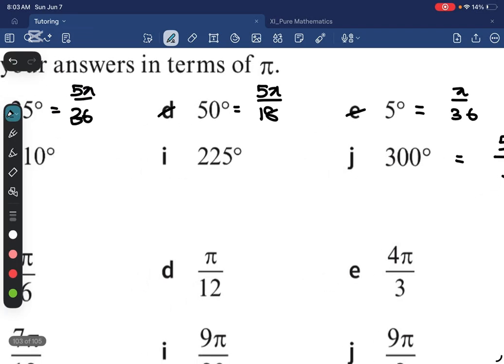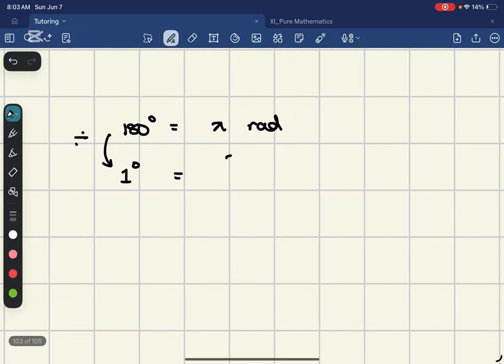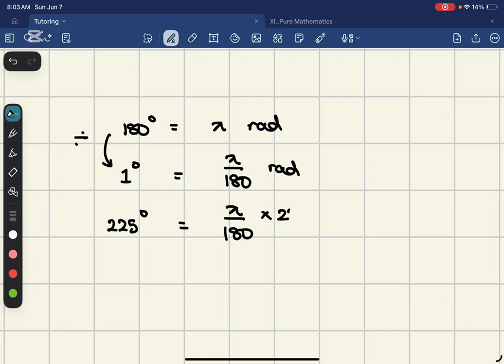All right, so what is 225 degrees? 180 degrees corresponds to pi radians. 1 degree, I divided by 180, so I need to do pi over 180 radians. And 225 degrees is going to be pi over 180 times 225 radians.